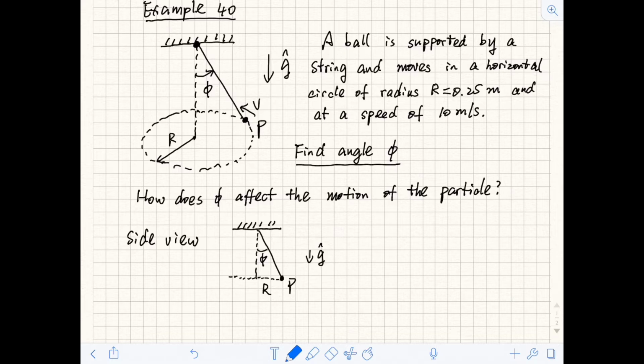So the types of forces that we will expect on this ball are gravity, which is weight, and a string force, let's call that tension, T. If we're to draw a free body diagram, in which we eliminate all the other components, we get the particle P, or the ball P, with the weight pointing downwards, and the tension, which makes the angle of phi with respect to the local vertical.